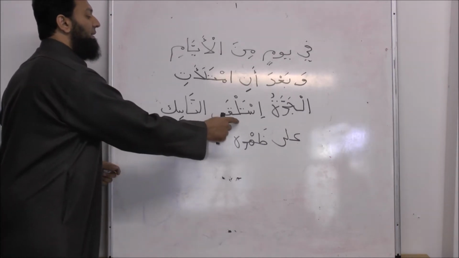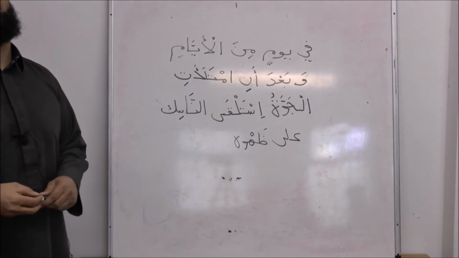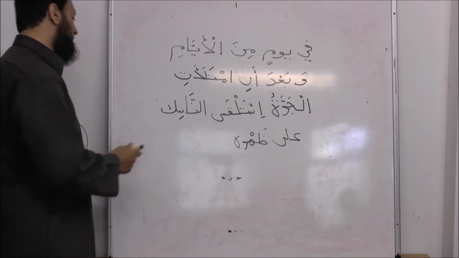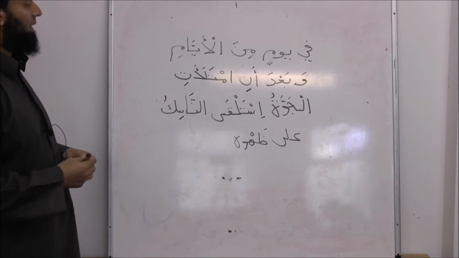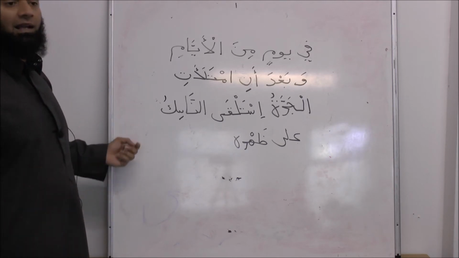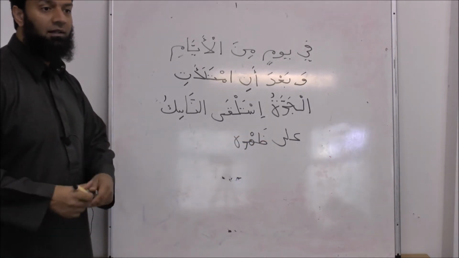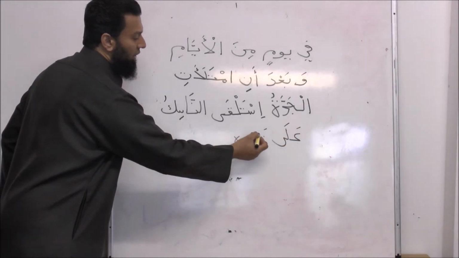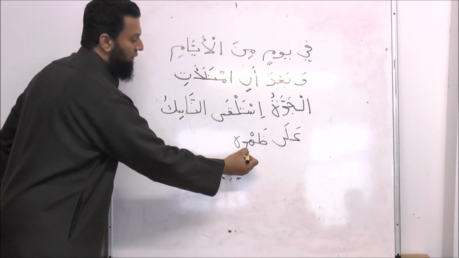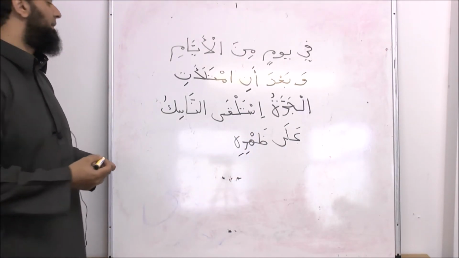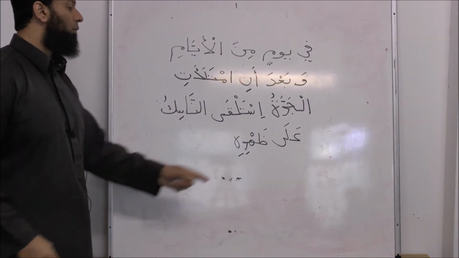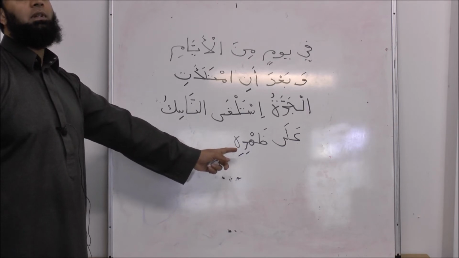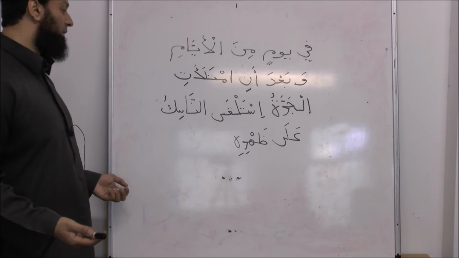Istalqa an-nasik. What goes on the kaf if he's the doer? The dhamma. Istalqa an-nasiku ala. What does ala mean? On. Dhahrihi. Why is it dhahrihi? What effect does ala have on dhahruhu? It drags it down, it makes it majroor.